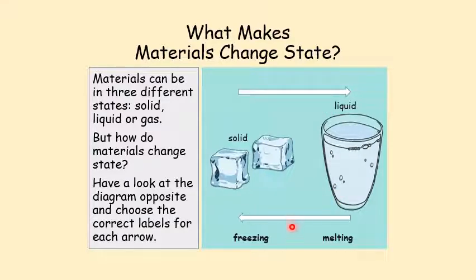Which arrow do you think should be labelled freezing and which should be labelled melting? Okay, so this arrow is labelled freezing because the liquid is frozen to become ice. And this arrow is labelled melting because the ice has melted to become liquid.